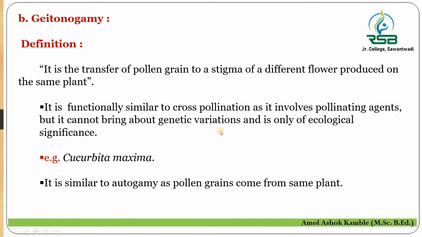But geitonogamy has ecological significance. For example, Cucurbita maxima, it is similar to autogamy as pollen grains come from the same plant. It is about the second type, that is the geitonogamy.